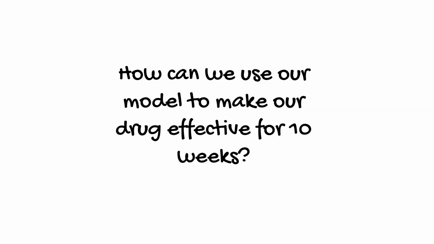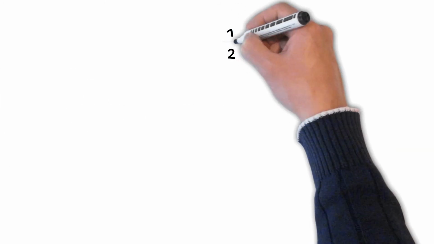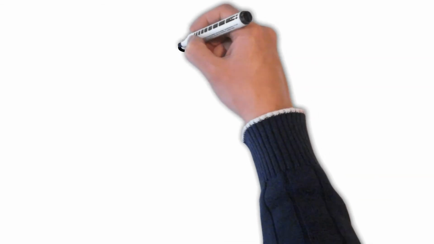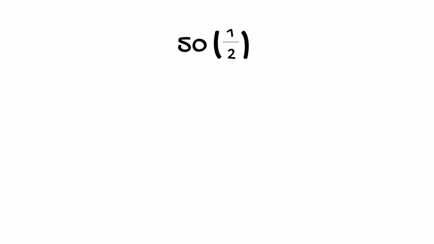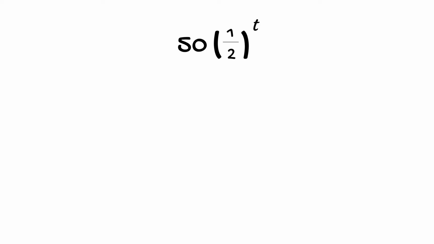We want this particular model to be effective for 10 weeks. That means we have to adjust something, because if I just put a 10 in there for 10 weeks, I would simply get 50 divided by 1,000 or something. So it would be way, way too low.